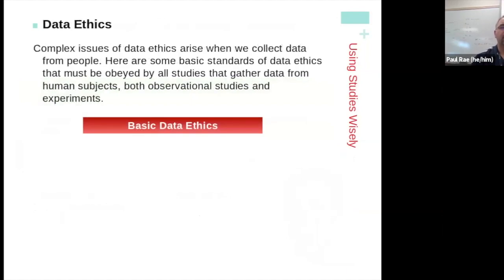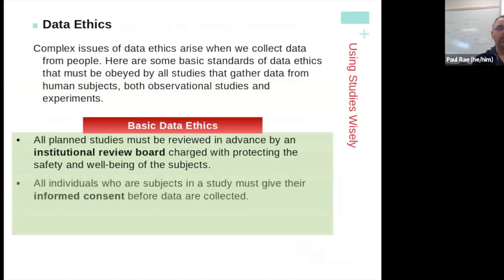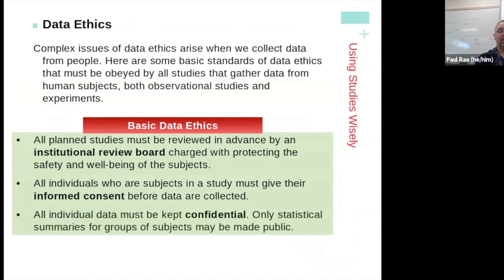So, data ethics. Okay. Yeah, so ethics are a big concern of ours, and when we're doing this, there's almost always a review board. Everybody who's in the study has to have informed consent, and the individual data has to be kept confidential. And it's that second bullet point that I wanted to make sure, are we allowed to lie to people?